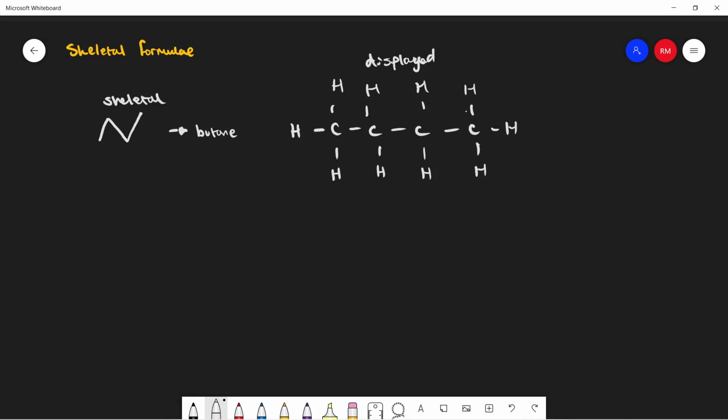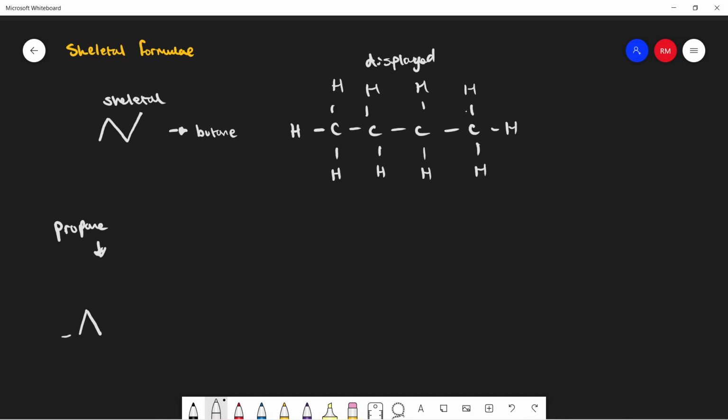So if I were to say, can you guys draw the skeletal formula of propane? Just go ahead and draw that for me. I'll give you a couple of seconds. So propane has 3 carbons, and it would be drawn like this, like a little triangle without the base.